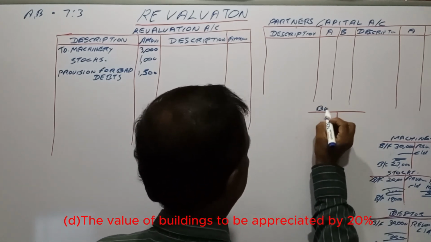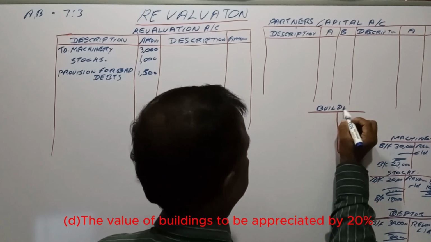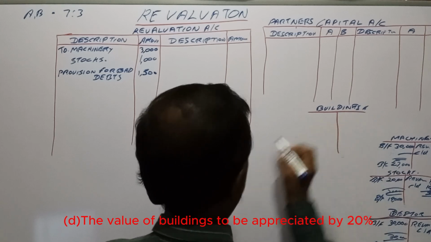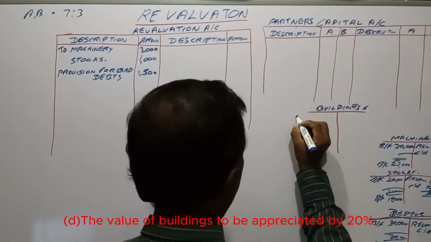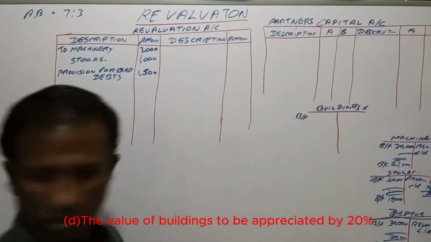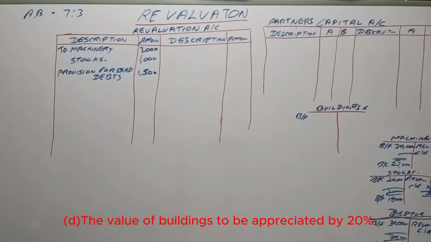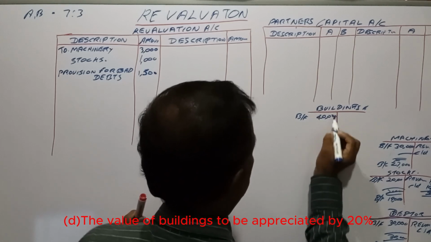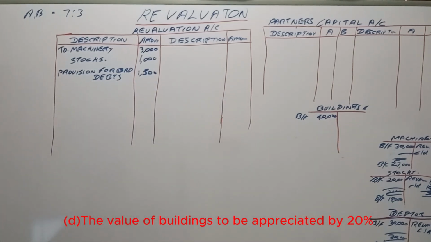Buildings account, brought forward balance would be 40,000.